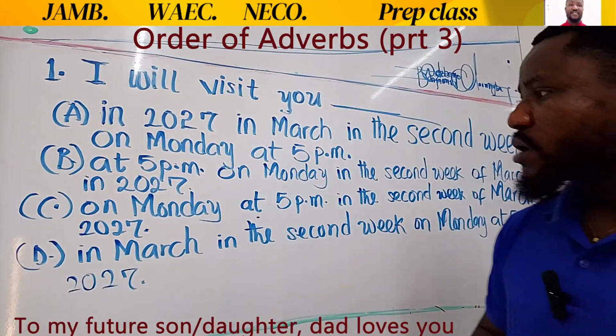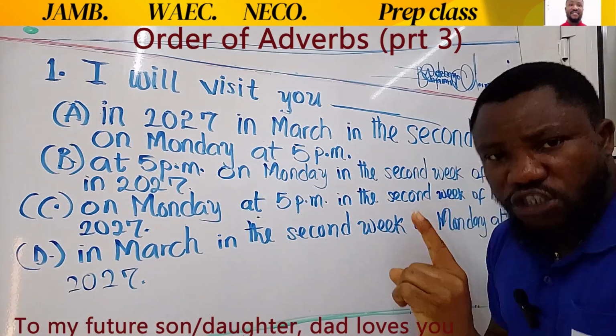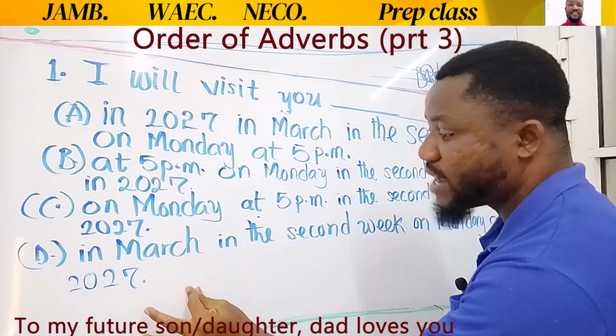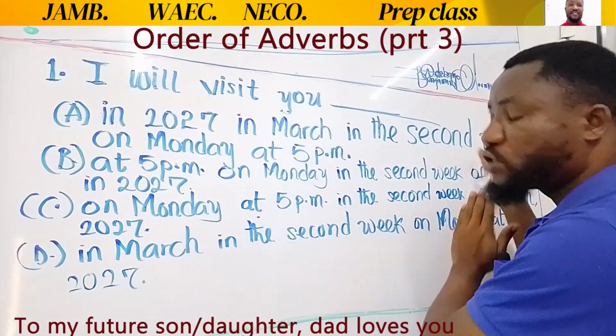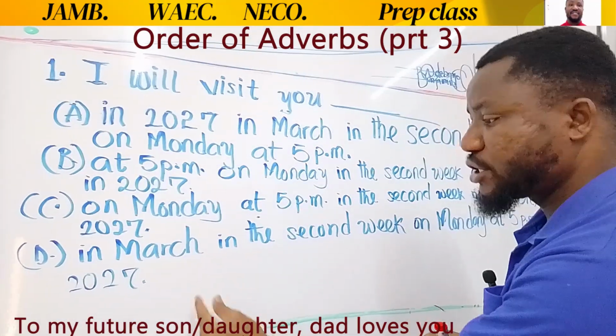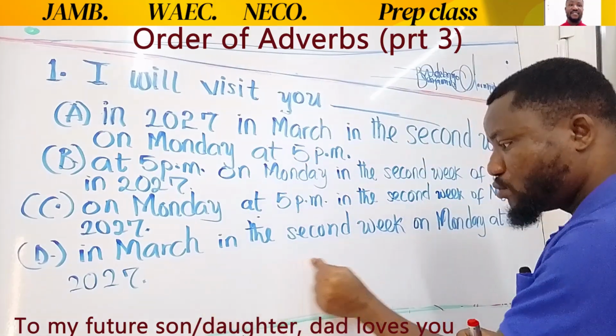Now to the rule. When you have questions primarily on the adverb of time, the logic, the formula to use is to start your answer from the specific time to the most general. What I'm trying to say is the formula says you move from specific to general.